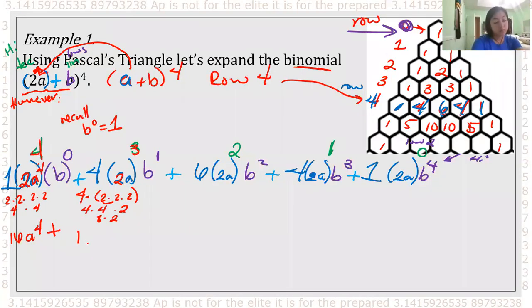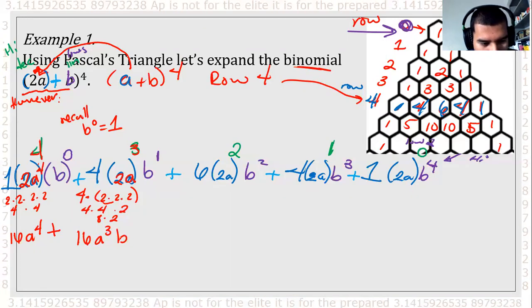That is 16. A is still to the 3rd. And then B. Okay. No, that's not 16. That's 32. 16 times 2. Yeah, 16 times 2. That's 32.